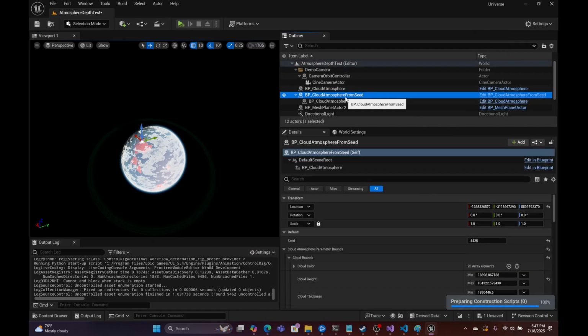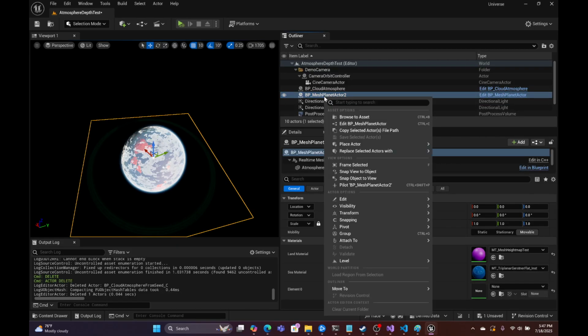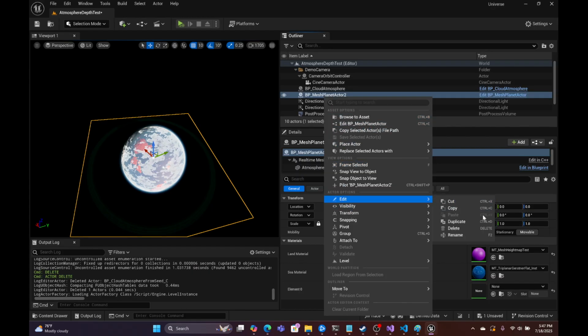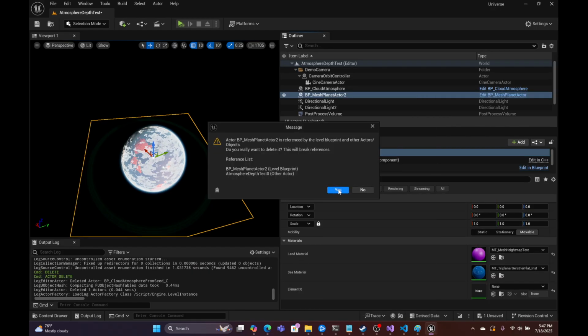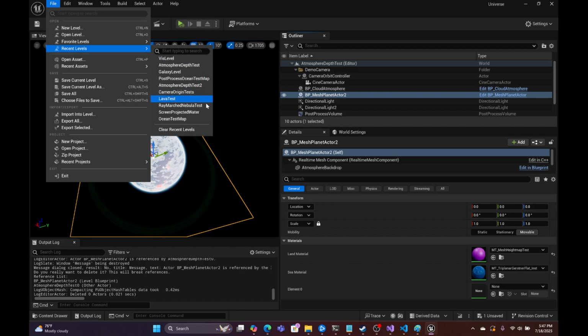Okay. Recent levels. What's another level I can do?